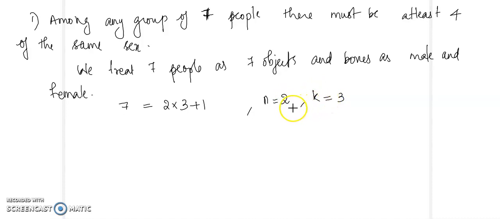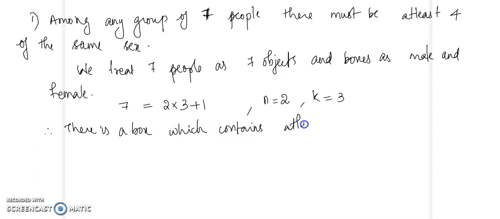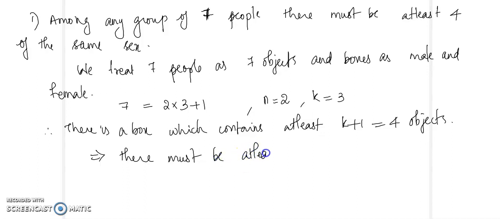By the pigeonhole principle, there is a box which contains at least k+1, that is 4, objects. So that implies by the pigeonhole principle, there must be at least 4 people of the same sex.